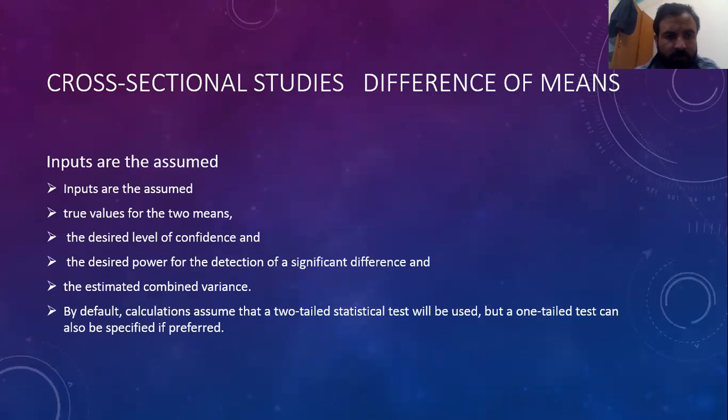So the inputs are, as we already discussed, true values for the two means, the desired value of confidence, the desired power for the detection of a significant difference, and the estimated combined variance. By default the calculations assume that a two-tailed statistical test will be used, but a one-tailed test can also be specified if preferred.